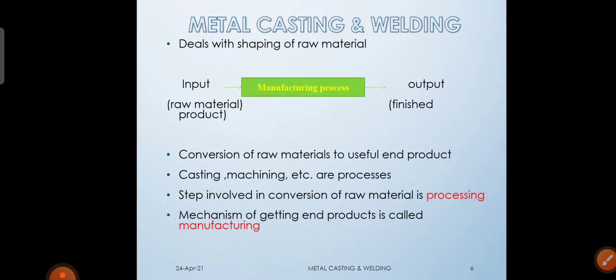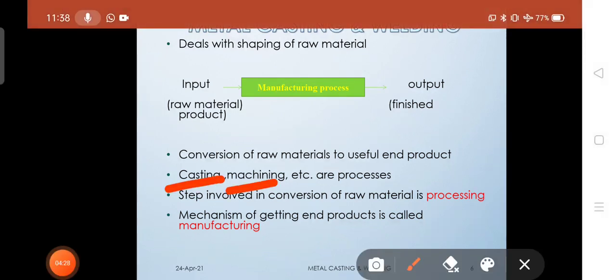The basic definition given here: the conversion of raw materials to a useful end product. As I already said, the manufacturing processes are casting, machining, forming, welding, etc. The steps involved in conversion of raw material are called processing.